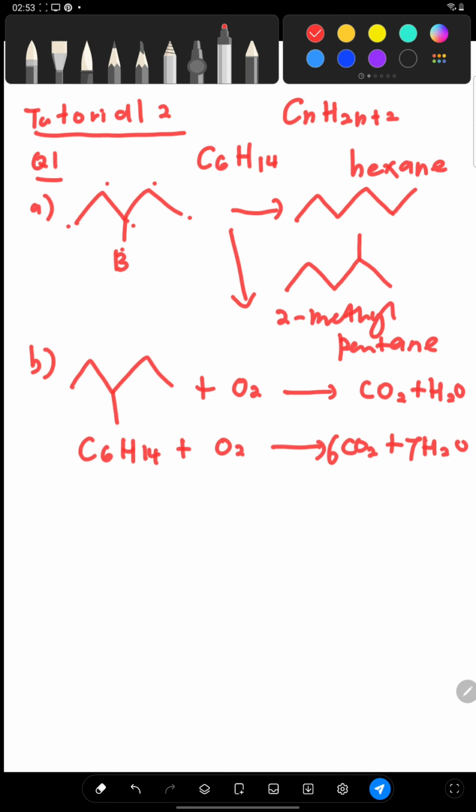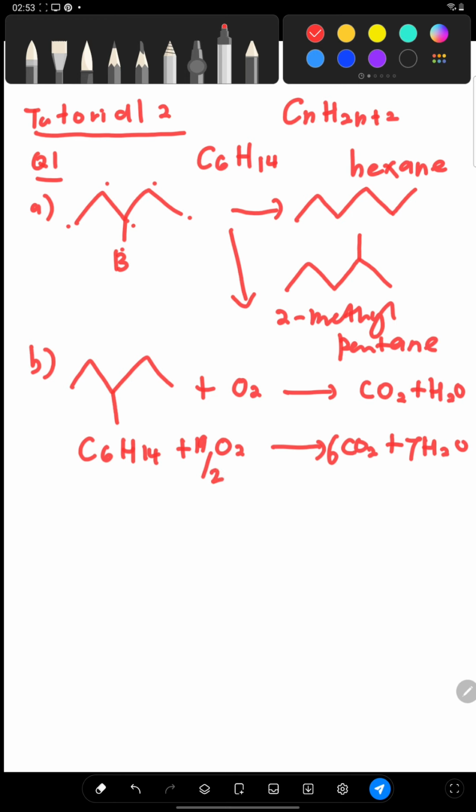And for the number of oxygen, it is 12, 6 times 2 is 12, 12 plus 7 is 19.